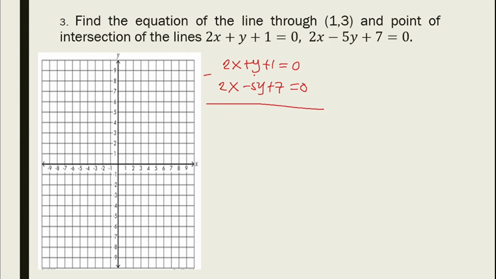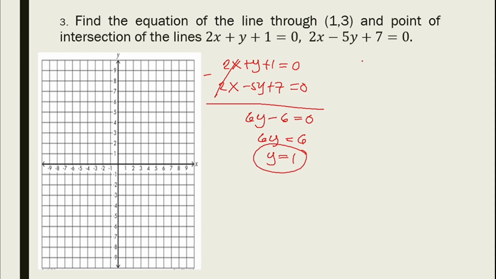We have here, the 2x will cancel, and negative, negative, this will become 6y. Change the sign, and this is 1 minus 7, this is negative 6, equal to 0. So 6y is equal to 6. Divide both sides by 6, y is equal to 1.